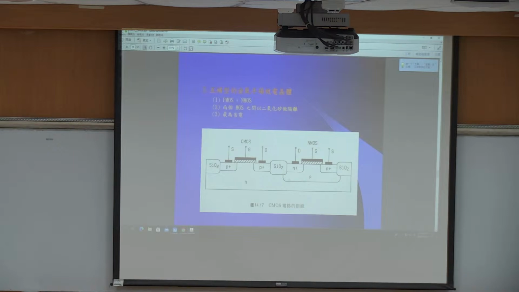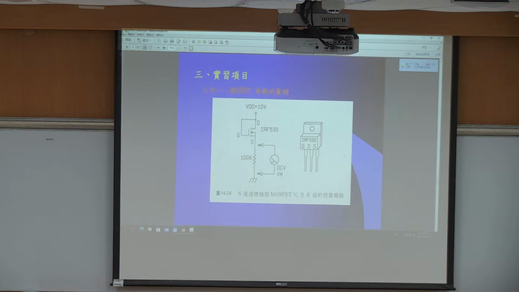The CMOS structure is sometimes used as an inverter to change the input voltage from a high voltage to a low voltage. So this is the application we have used in CMOS technology.